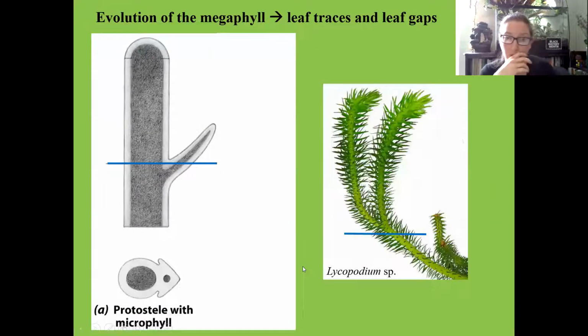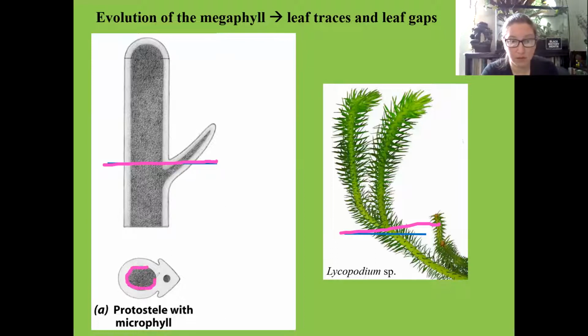So here you go. So let's say you did a cross-section through Lycopodium, right? Shown here on the right. And you do this cross-section and you make a microscope slide. When you look at the slide, you'll see the vascular tissue here. Let's use pink. Right, so you do a cross-section through this lycopod right through there. Here is a schematic of that. You look at it under the microscope, and here's what you see.